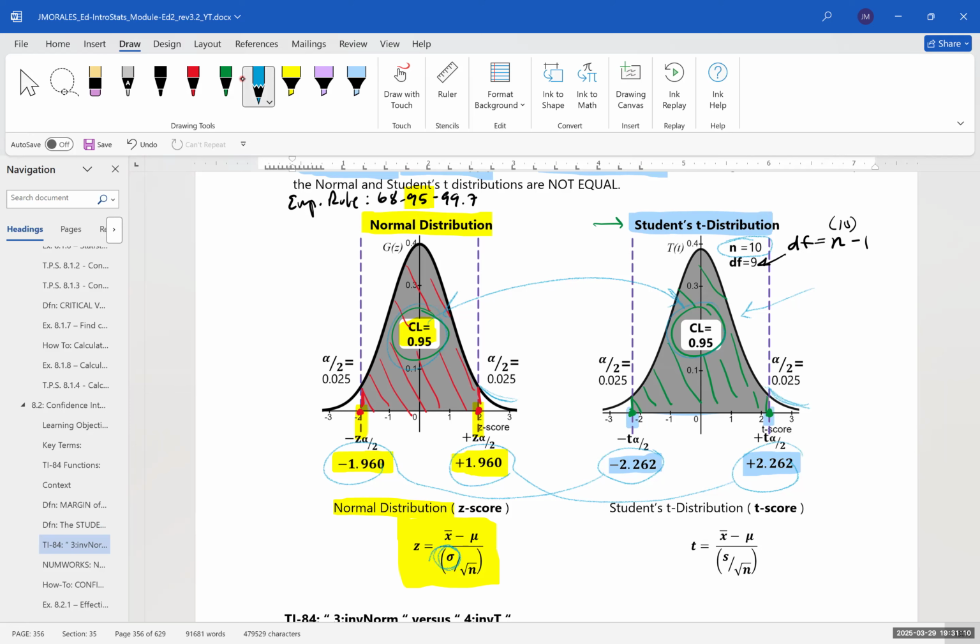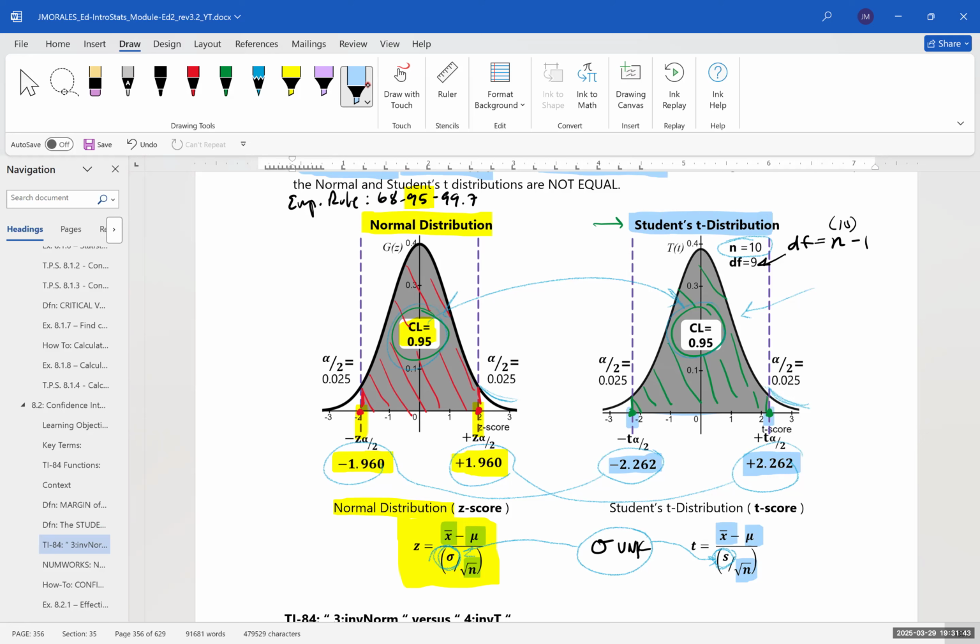But we use the student's t-distribution when the population standard deviation is unknown. So when the population standard deviation is unknown, then we use the sample standard deviation in its place. And you'll see that all the other components for the t-score are the same as a z-score.